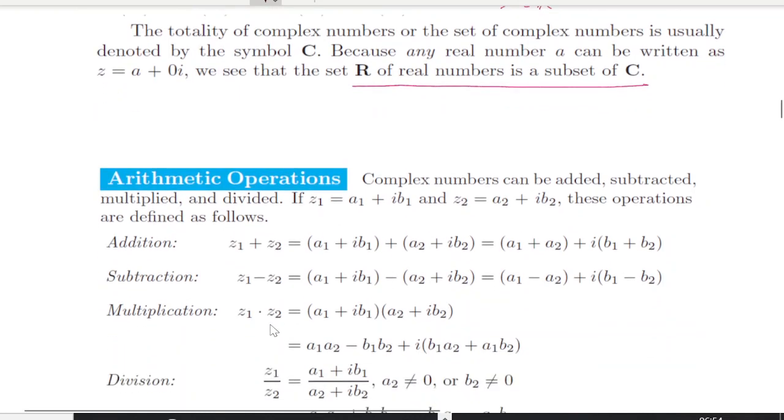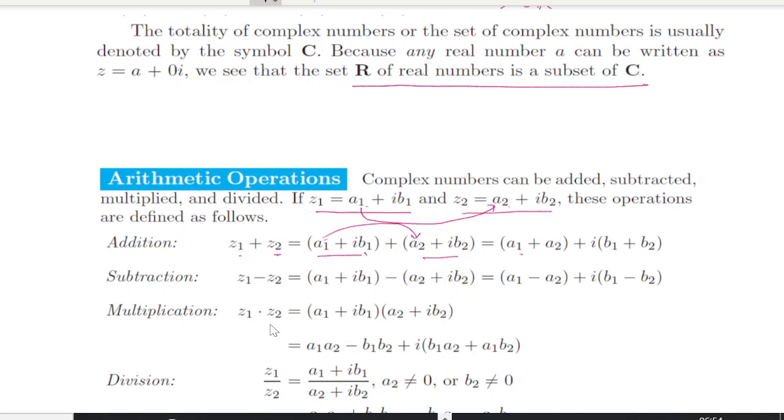That is, for adding z1 and z2, z1 equal to a1 plus ib1, z2 equal to a2 plus ib2, we should add coordinate wise. That is, a1 plus a2, this we have added.